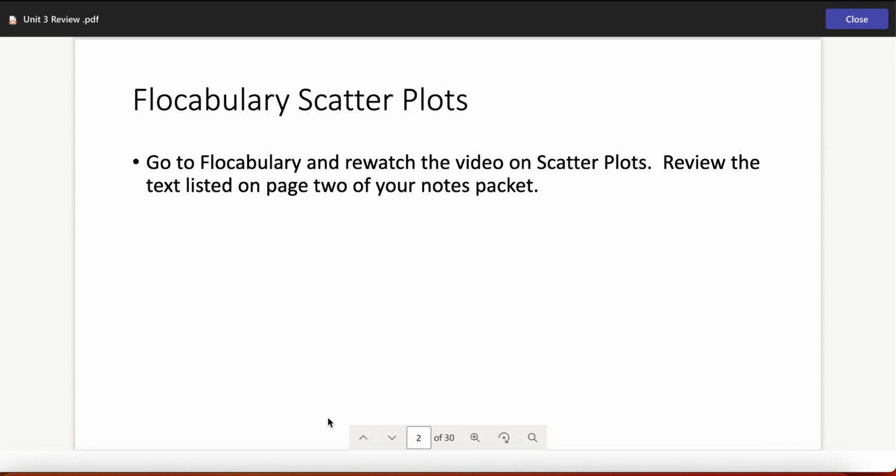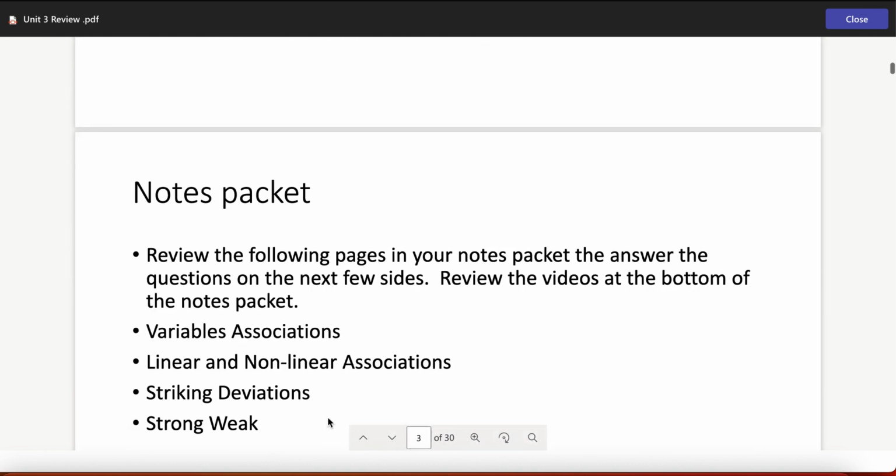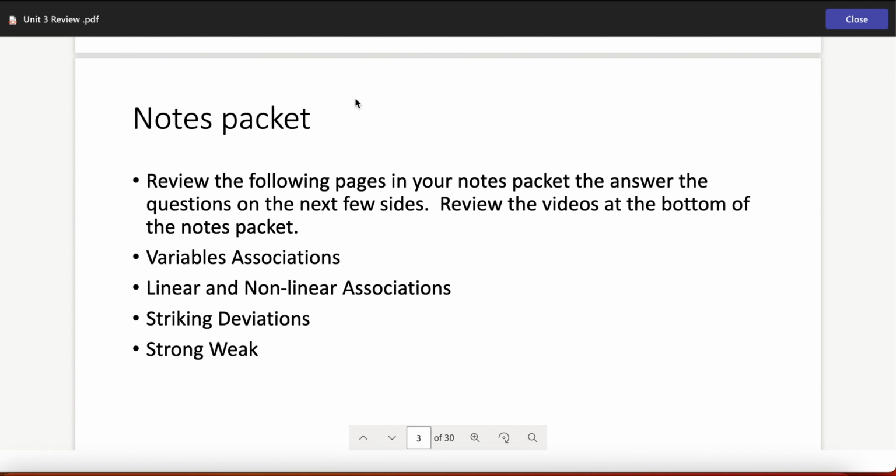Vocabulary, scatter plots. This is basically vocabulary. Go to vocabulary, watch the video on scatter plots. Review the text listed on page 2 of your notes packet. Basically, these are the notes. You review the following pages in your notes packet to answer the questions on the next few slides that I'll be going over, and review the videos.